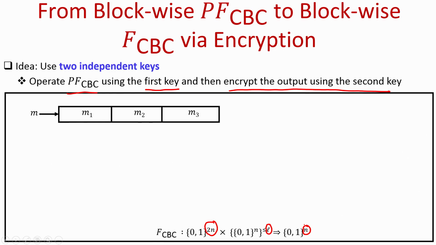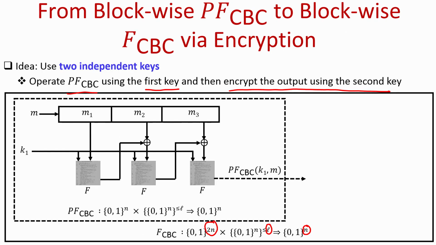So, how exactly will the operation happen here? Since the key is of size 2n bits, we parse it as a sequence of 2 blocks of n bits each, and we call the first part of the key K1. With K1 we first run the prefix-free CBC, which operates blockwise, and this will be the output of the prefix-free CBC PRF with respect to the key K1.